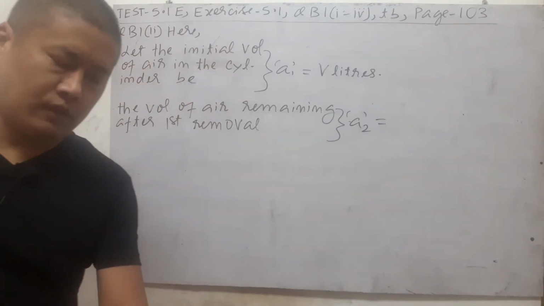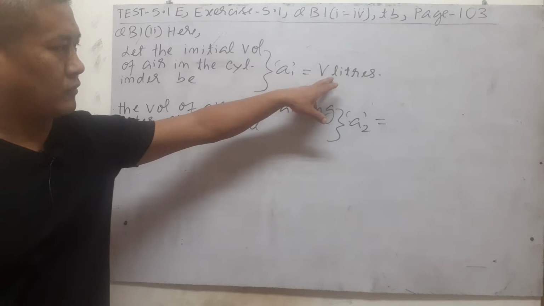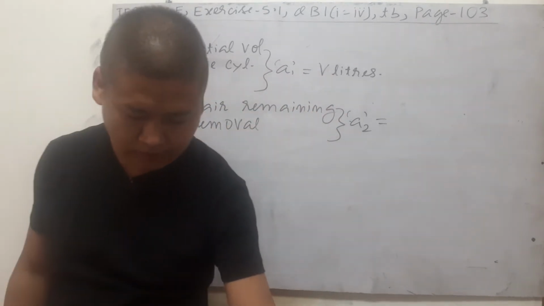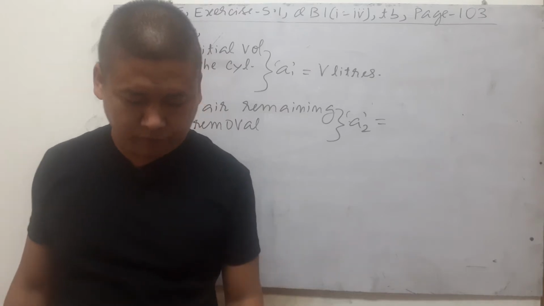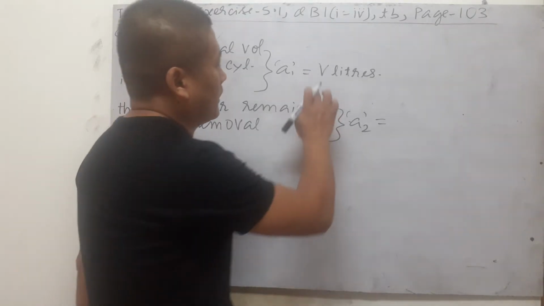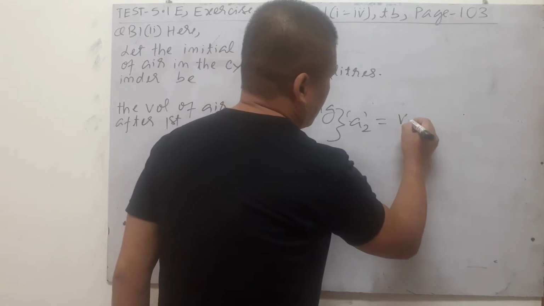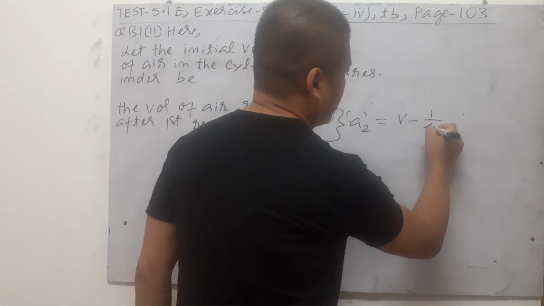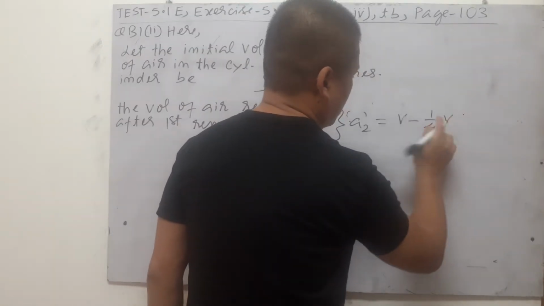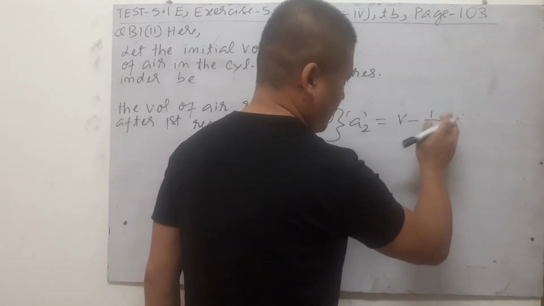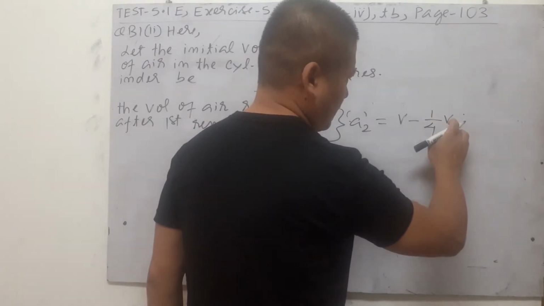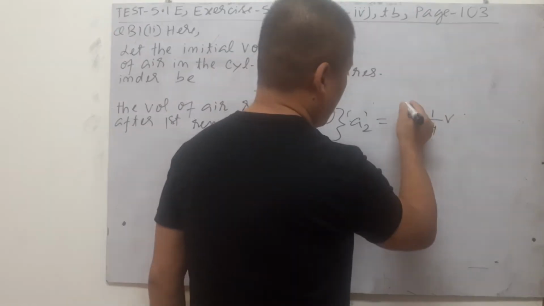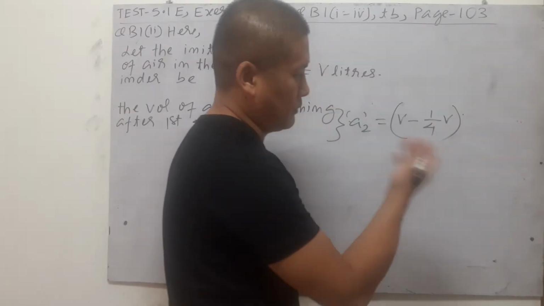Before anything was removed from the cylinder, it was originally V liters. After the first removal, A2, let's read the question. Every time 1/4 of the air is removed, so the initial volume is V minus 1/4 of the original. So original minus the removed part, which is 1/4 of V, where the original is V.